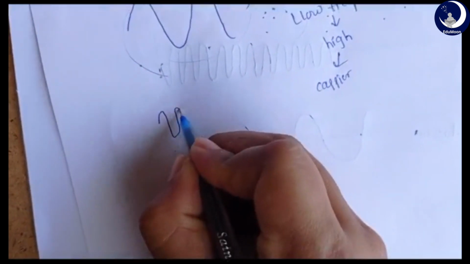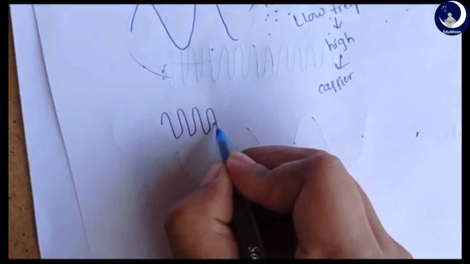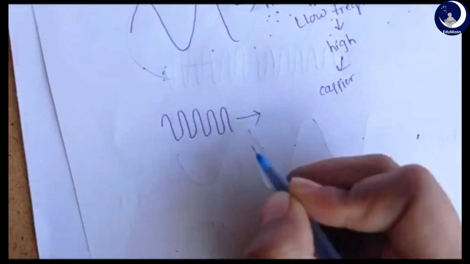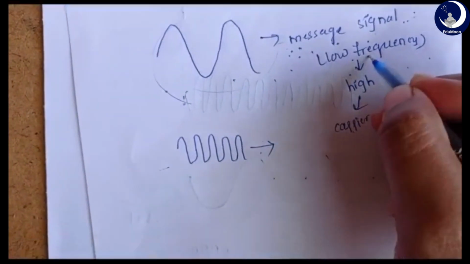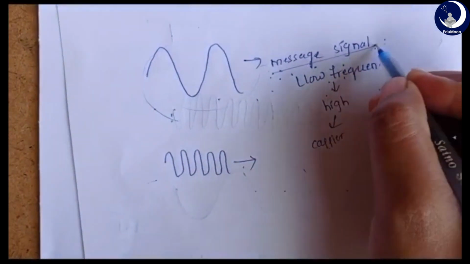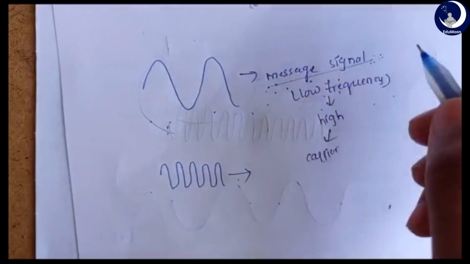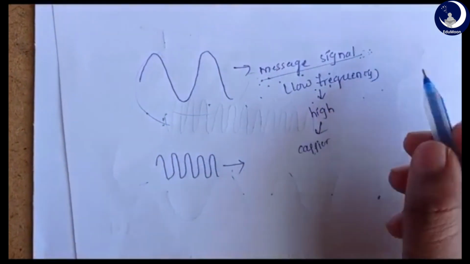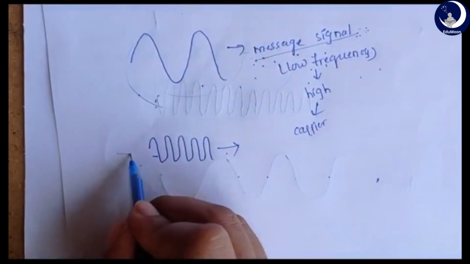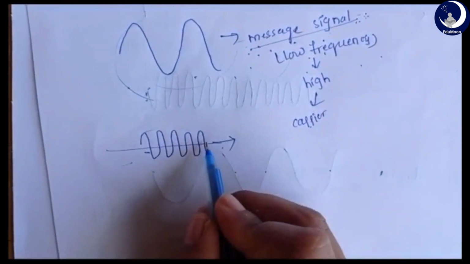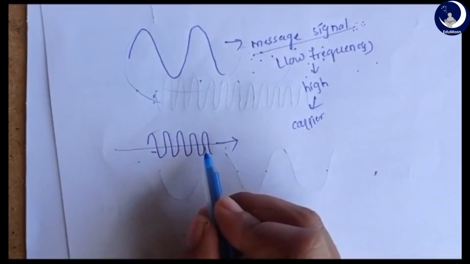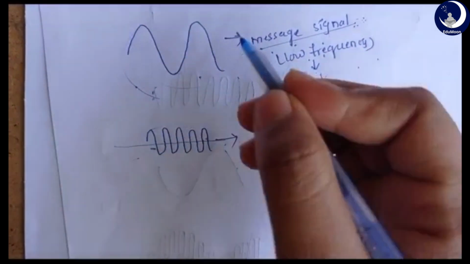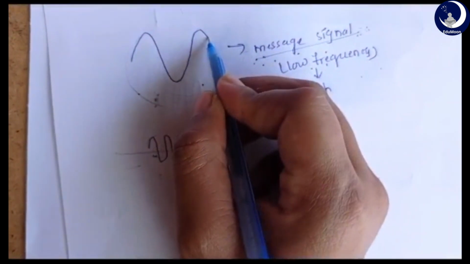A carrier signal is generally a high frequency signal which helps in increasing the frequency of a message signal and increases the quality of communication. We will modulate the characteristics of a carrier signal, which may be amplitude, frequency or phase, and these can be changed with respect to the instantaneous values of the message signal.